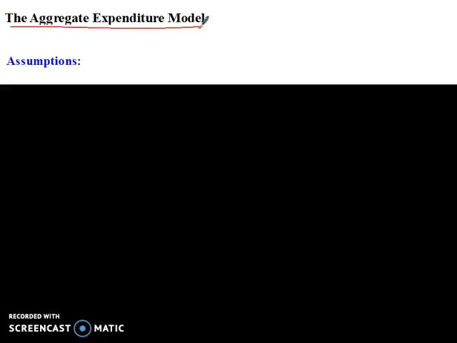And on this podcast, we are going to begin building the aggregate expenditure model. Let's first say what some of these words mean. Aggregate means total, and expenditures means spending. So the aggregate expenditure model is the total spending that happens in society.